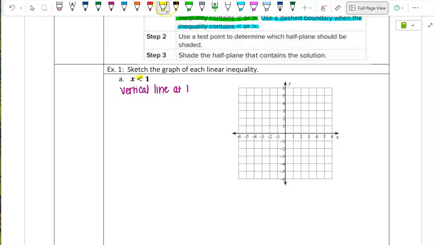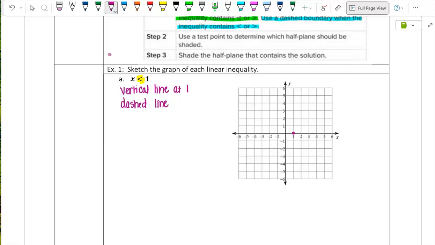But we do want to look at the inequality symbol. Would that be a solid line or a dashed line if we just have the less than symbol? This is going to be a dashed line. So because x is less than 1, we would go to 1 on our x-axis.